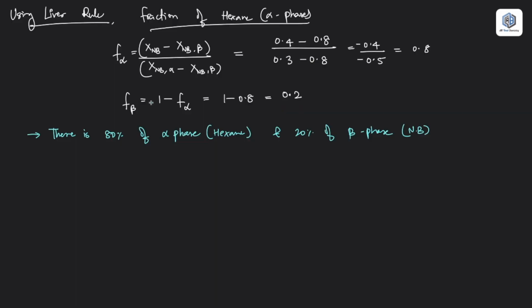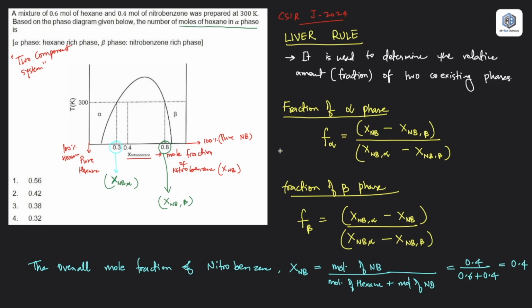So let's calculate that. For that, let's do all the calculation in the alpha phase. Okay, so in alpha phase, what were the values we have? First of all, we have the mole fraction of nitrobenzene in alpha phase. What was the value of the mole fraction of nitrobenzene in alpha phase? That was 0.3, right, from the diagram. Because the question asked about alpha phase, we are only doing the things around the alpha phase.